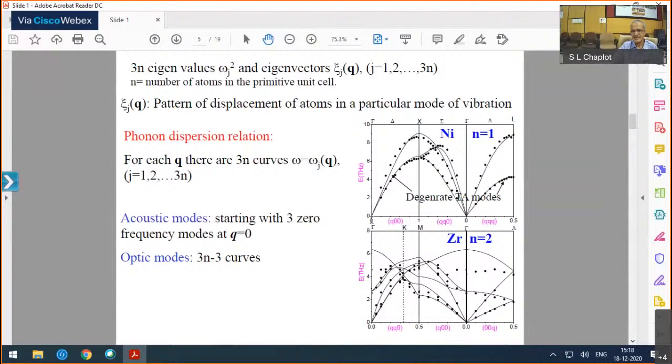If I take d omega by dq near the origin, then the various longitudinal and transverse phonons have whatever slopes there are, which can be multiplied with the density of the material, and so the elastic constants are proportional to rho times v square. V is the velocity of the phonon. This phonon velocity is nothing but d omega by dq. It's like the sound velocity corresponding to that phonon.